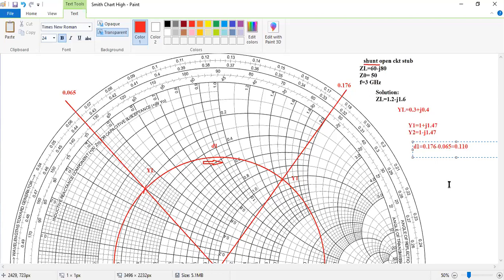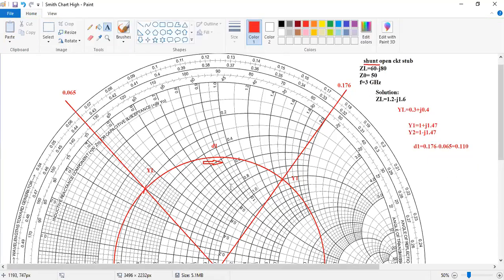Okay. So this is what you got as the answer. This is 0.11 lambda. This is D1. So D1 is from here to here. Now we will go for D2.